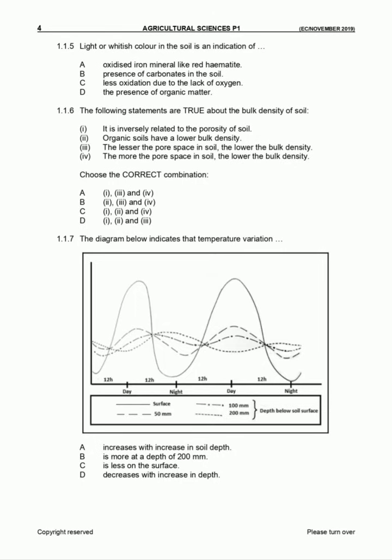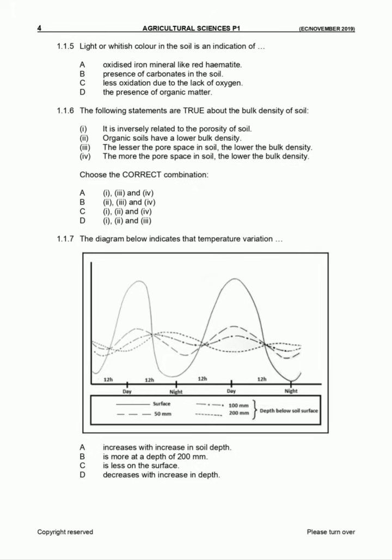That color indicates the presence of carbonates in the soil. So your correct answer there is B. You write that in capital letters. You only write the letter next to the question number, so you write 1.1.5 and then the letter B, because that is the correct answer.